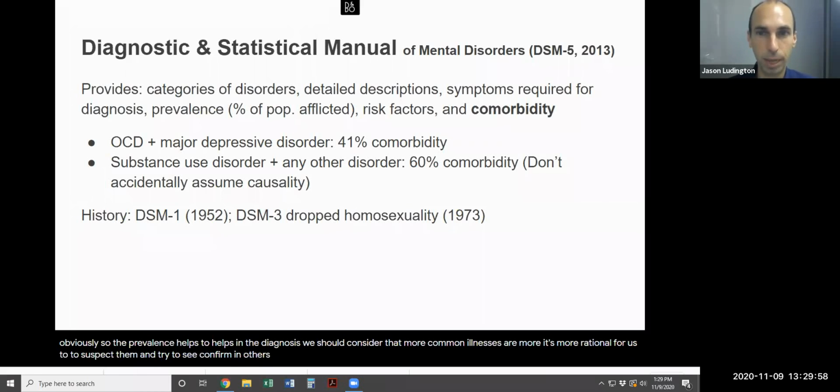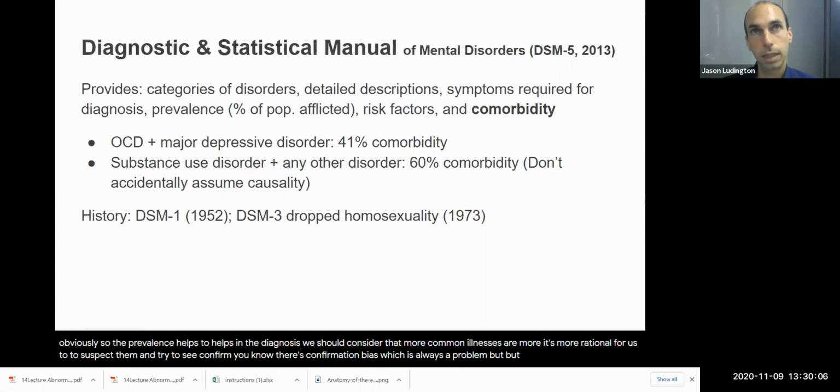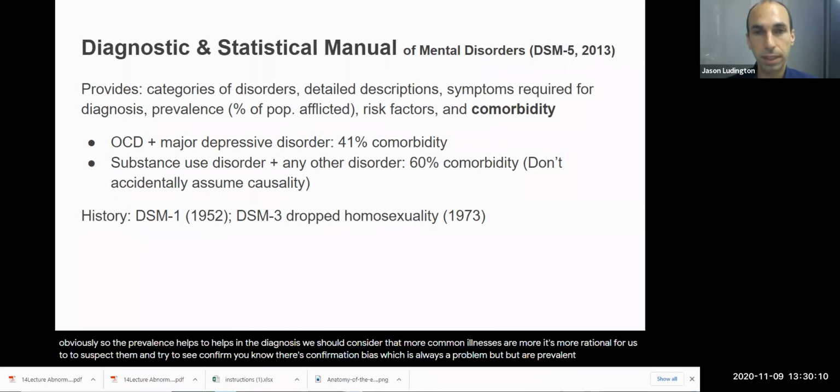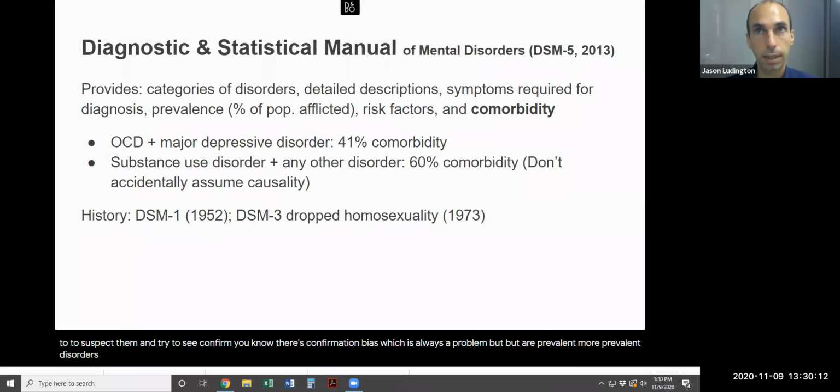You know, there's confirmation bias, which is always a problem, but more prevalent disorders are also more likely, so they can guide and help us.